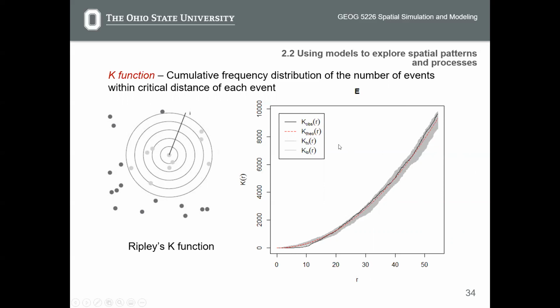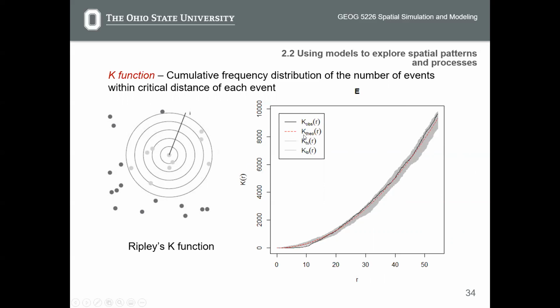So what's the meaning of the solid black line, the dashed red line, and this shaded area? The K_obs, which is the black solid line, that's the observed curve for this specific situation, right?